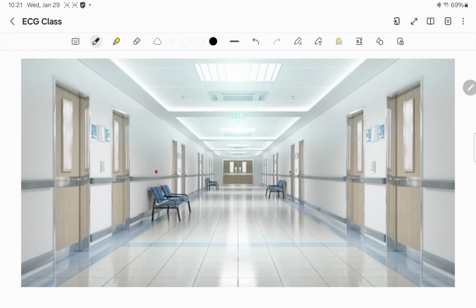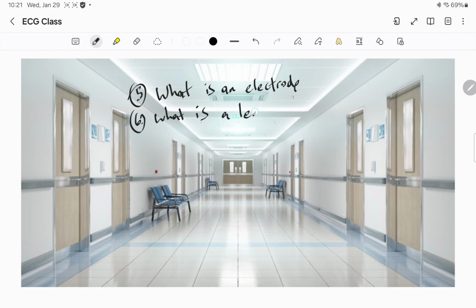All right. Further definitions. Number 5 now: what is an electrode? And then let's put right next to it: what is a lead? An electrode is an electrical sensor which we place on the patient's body, which is able to detect electrical impulses.